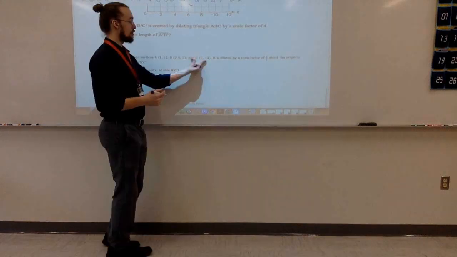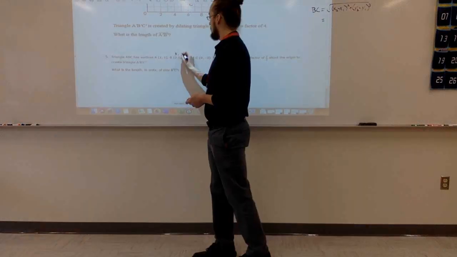Okay, so distance formula, square root of x2 minus x1 squared plus y2 minus y1 squared. So let's label our coordinate points for B and C. x1, y1, x2, y2.